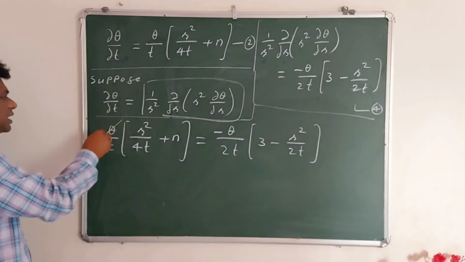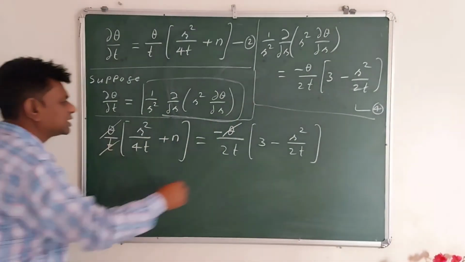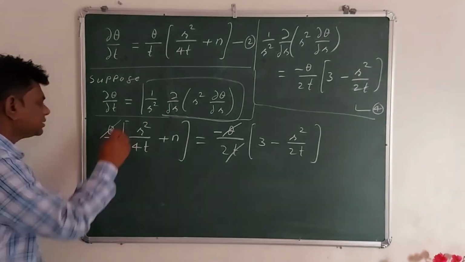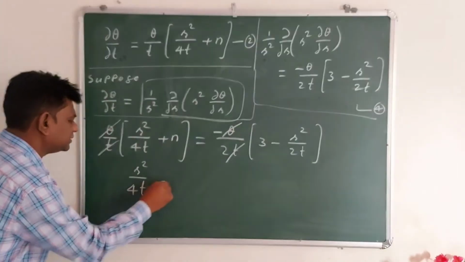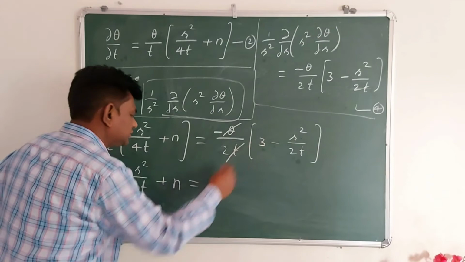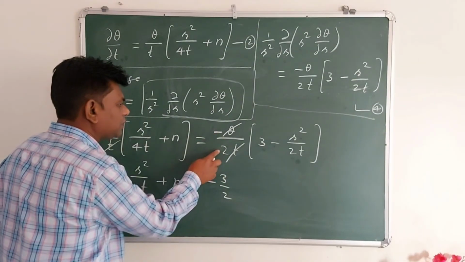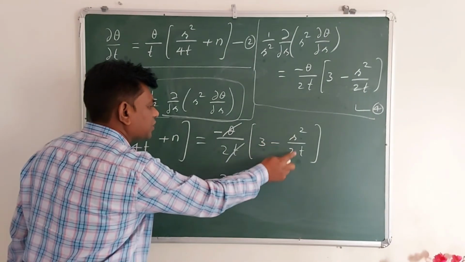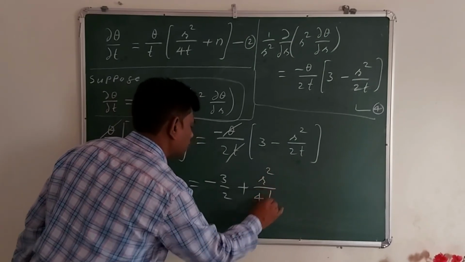Now theta is cancelled from the LHS and RHS. Similarly, t is cancelled from the left hand side and right hand side. Now simplification, r square upon 4t plus n is equal to, now minus 1 by 2 times 3, the answer is minus 3 by 2. Now again minus 1 by 2 times minus, the answer is plus r square upon 2t, that means r square upon 4t.